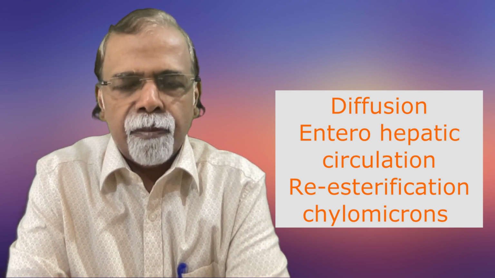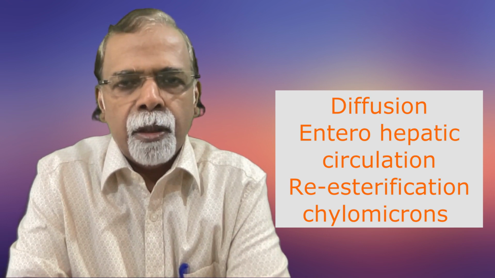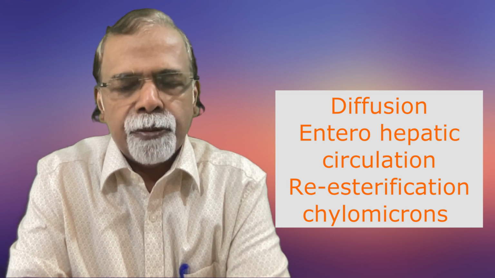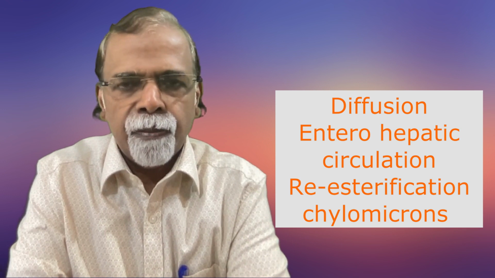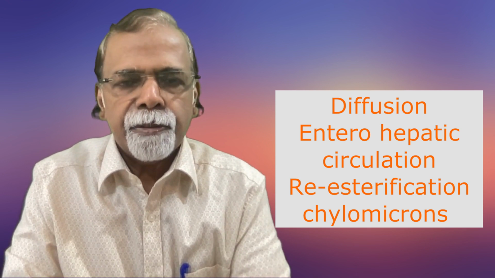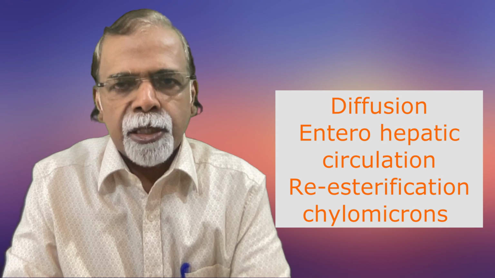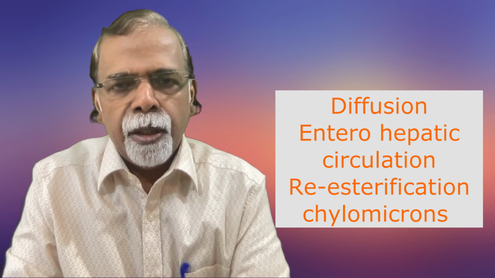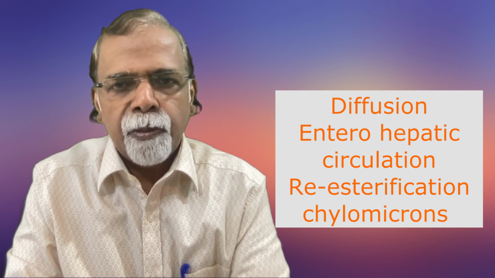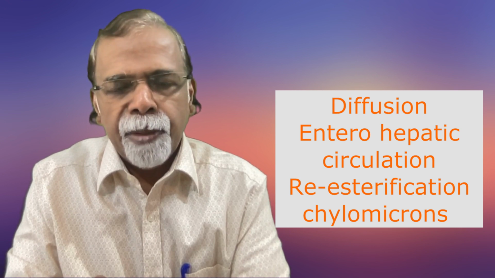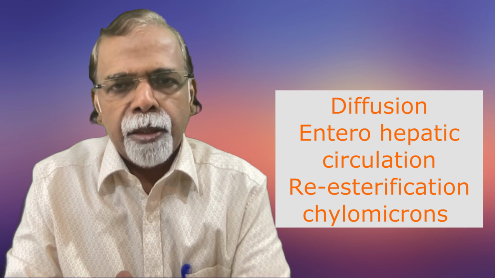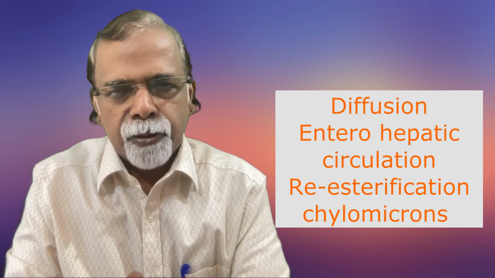In this session, we have discussed the enterohepatic circulation of bile salts, the absorption of fat, cholesterol and phospholipids by diffusion into the mucosal cells, the re-esterification in the smooth endoplasmic reticulum followed by attachment of apolipoprotein B48, how the chylomicrons are formed, and exocytosis of chylomicrons.